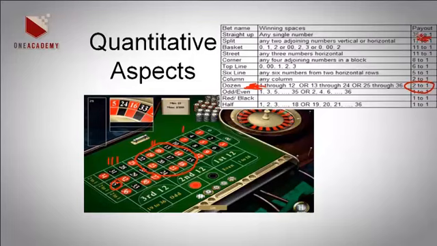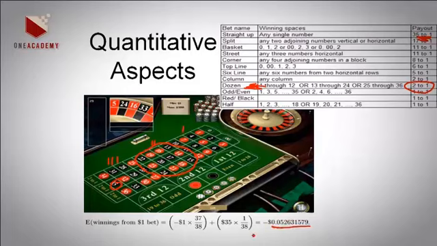So this is the $35 here. And if we multiply and sum it all together, we derive an expected value of minus 0.05 cents, which basically means that we have a negative expected value.